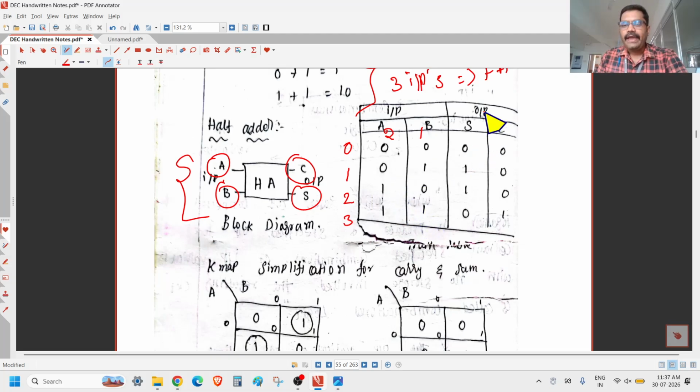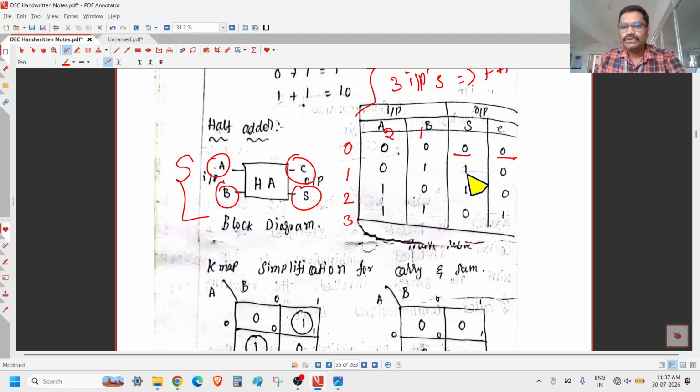Sum and carry are the outputs. We already know the addition rule: 0 plus 0 is 0, 0 plus 1 is 1, 1 plus 1 is 10, and 1 plus 0 is 1. With the help of those rules, we fill out the truth table. Here, 0 plus 0 gives sum 0 and carry 0.